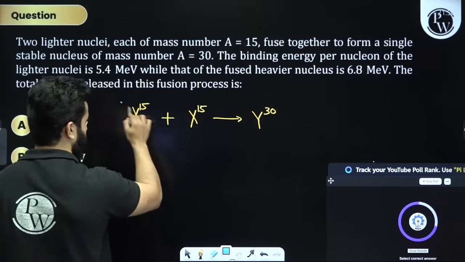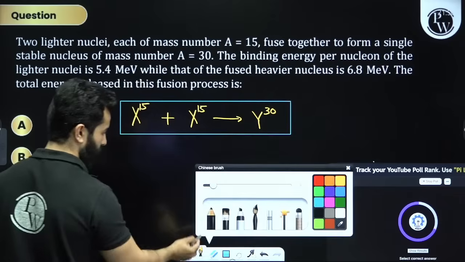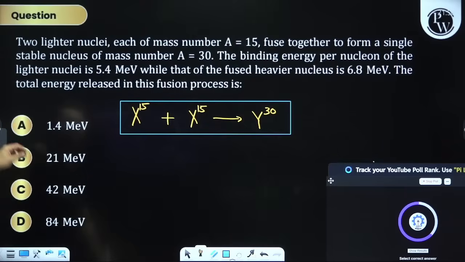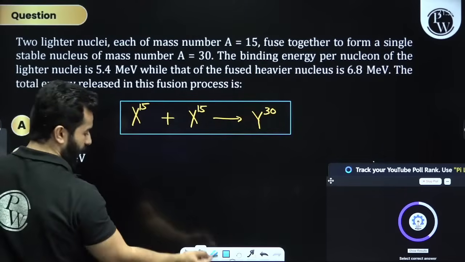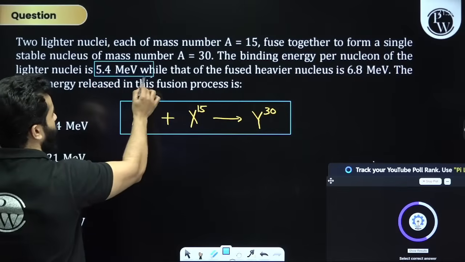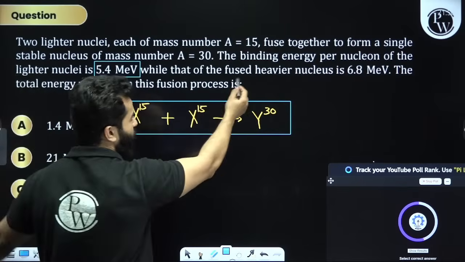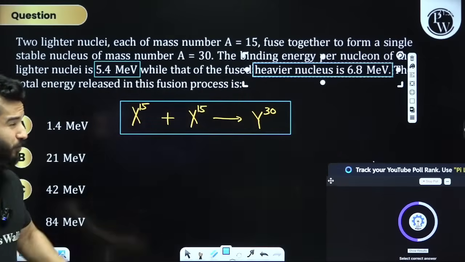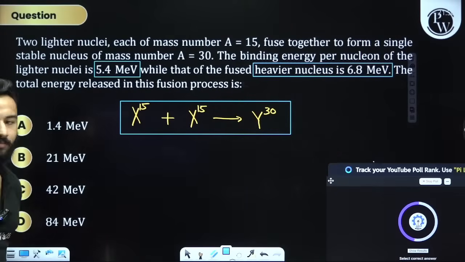Let's say this is a reaction. The binding energy per nucleon of the lighter nuclei is 5.4 MeV, while that of the fused heavier nucleus is 6.8 MeV. Got it?